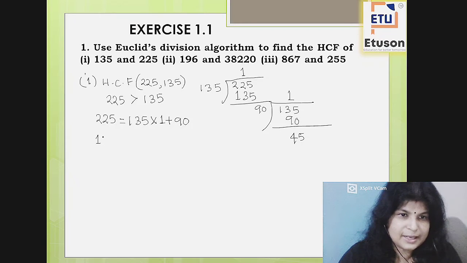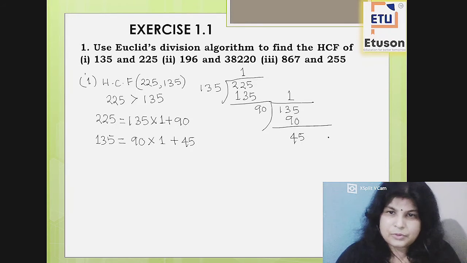So let us write down here in the form of Euclid's division algorithm. So 135 is equal to 90 into 1 plus 45. As the remainder is not equal to 0, we have to go to the next step where 45 becomes your divisor and 90 becomes your dividend.